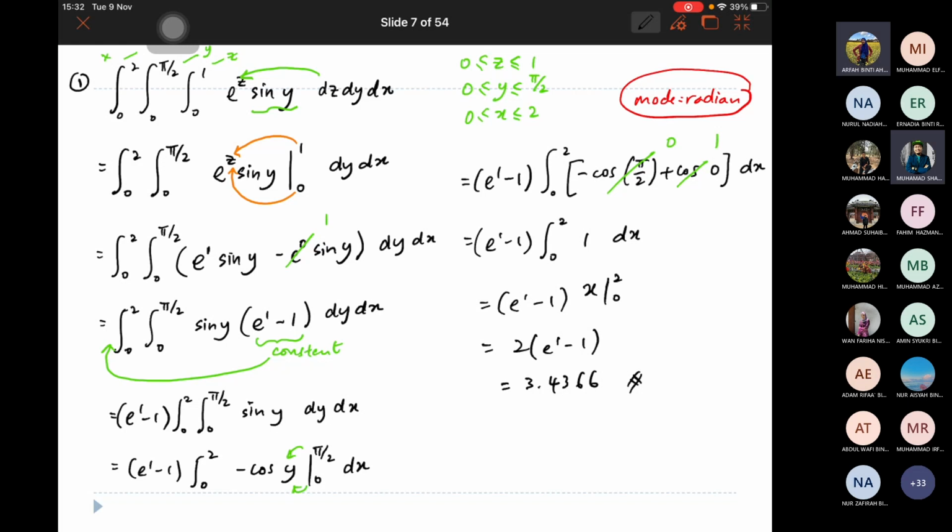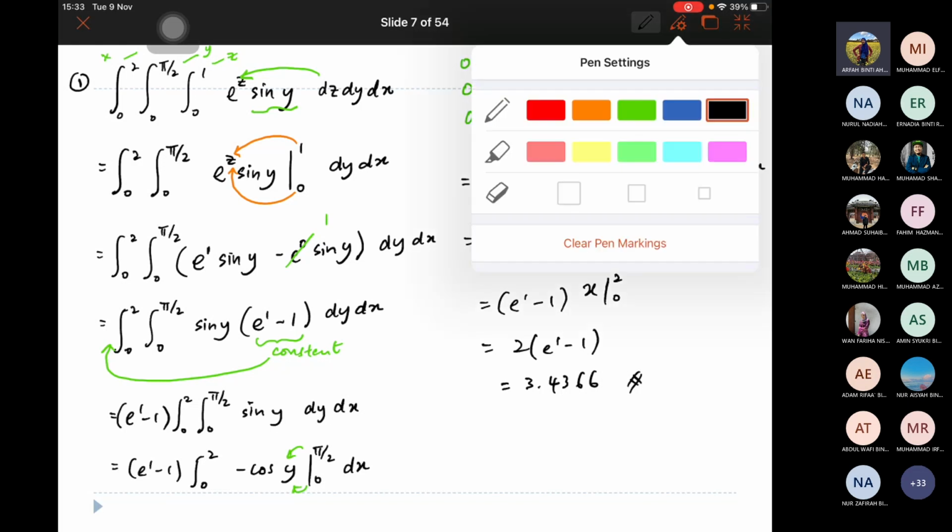Doktor. Ha? Kalau macam yang kita integrate sin y tu dapat negatif cos y kan? Macam negatif tu kalau kita bawa pergi depan dekat constant tak boleh Doktor? Boleh. Tapi nanti constant ni kan? Jadi satu. Boleh juga, tapi memandangkan dia dekat negatif cos tu kan, then awak kena gantikan dengan dia sebab negatif cos y ni untuk this function.